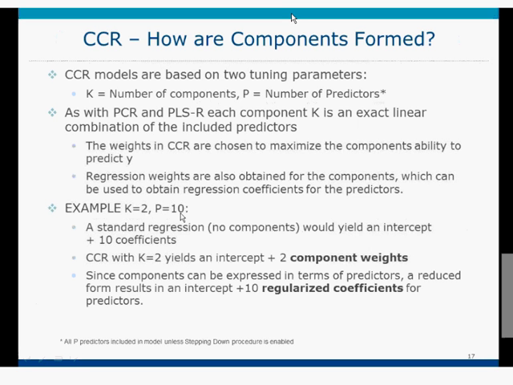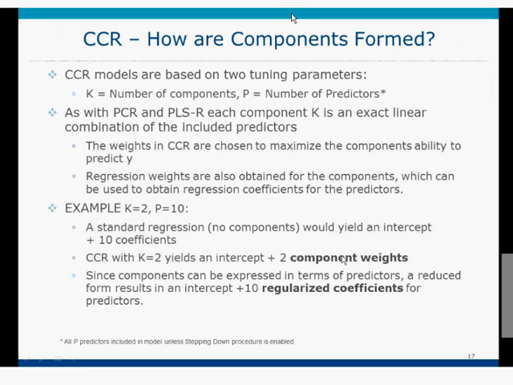So we have 10 predictors. We have a two-component model. A standard regression would yield an intercept plus 10 coefficients. In correlated component regression with K equal to 2, we get an intercept plus 2 component weights, one weight for each of the two components.